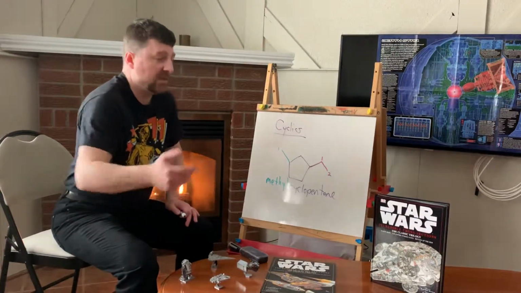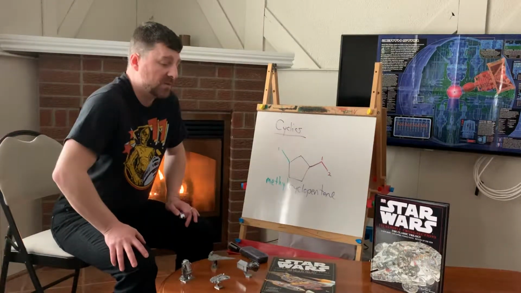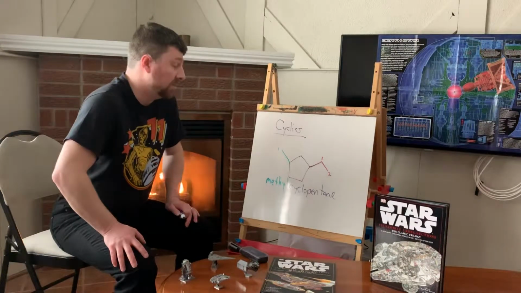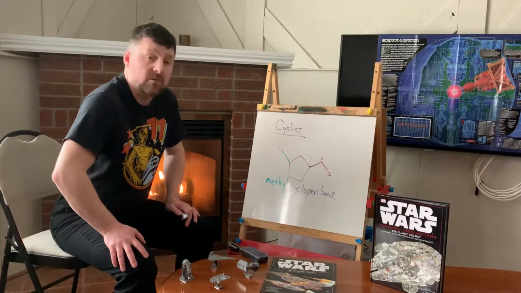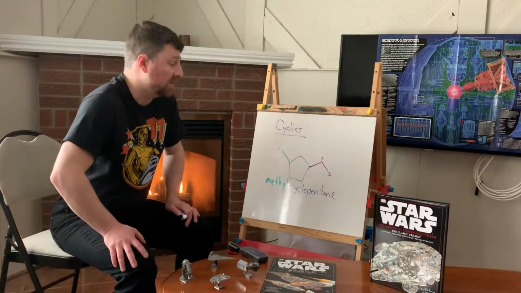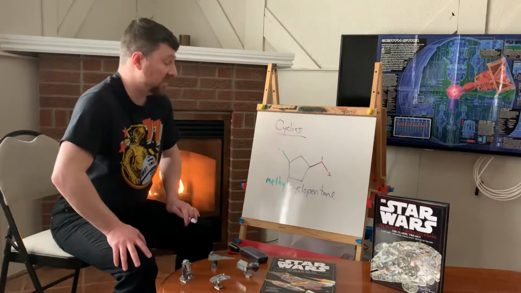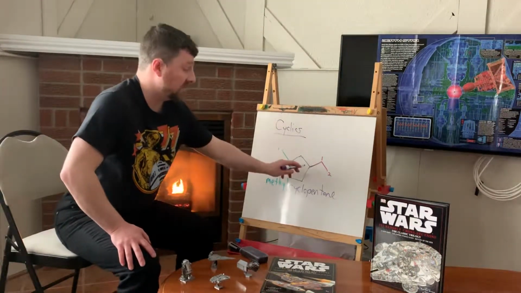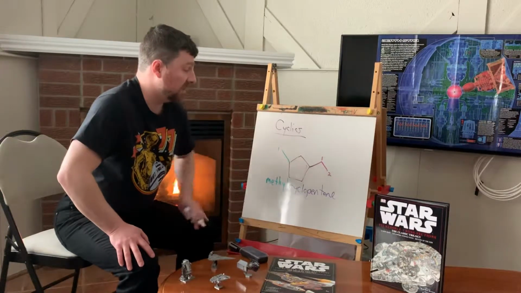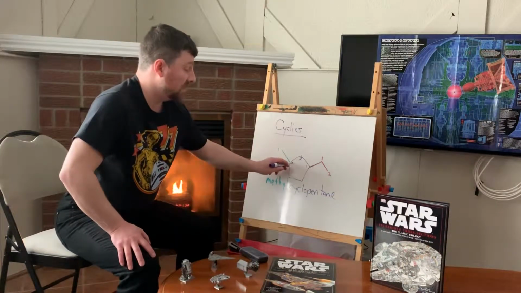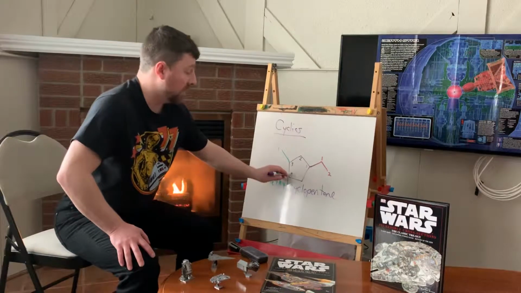In this case, because the numbers are the same either way, we just use the alphabetical order, right? So whatever comes first in alphabetical order, right, is also going to get the lowest number. So since ethyl is going to be coming first, we're going to call it number 1, and then that makes the methyl group carbon 3.